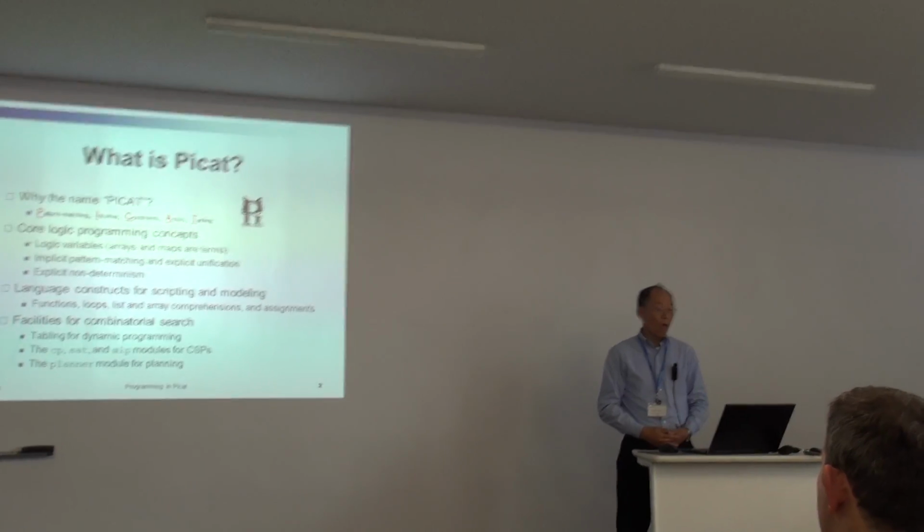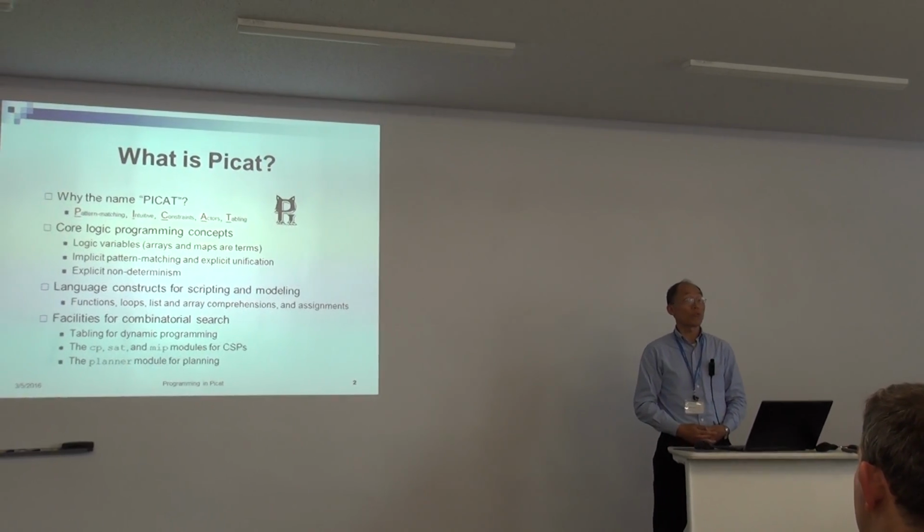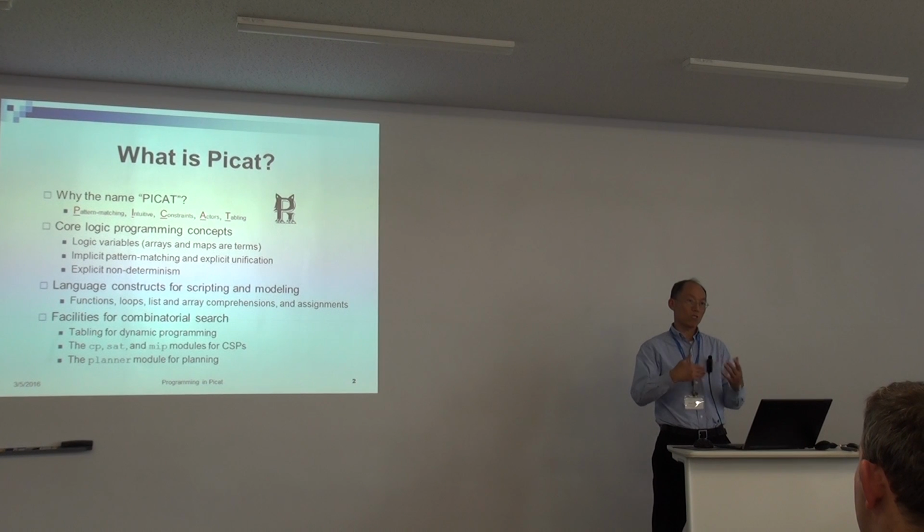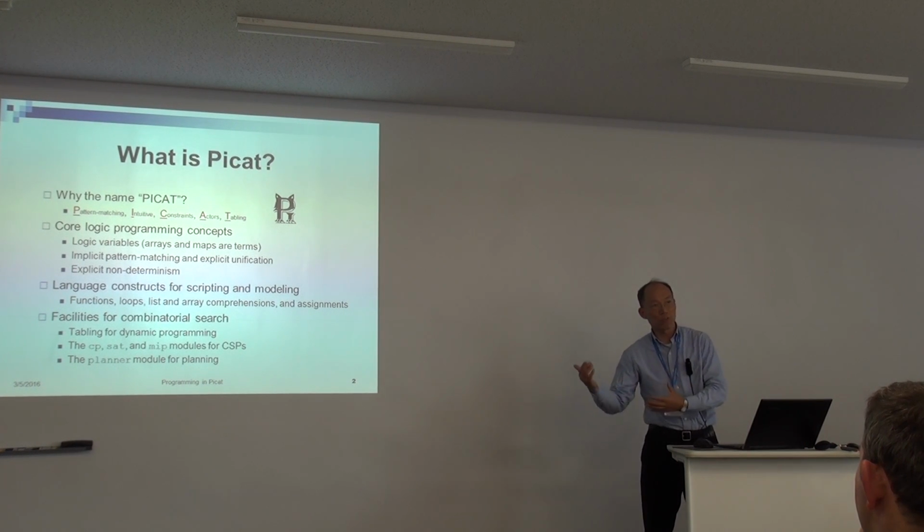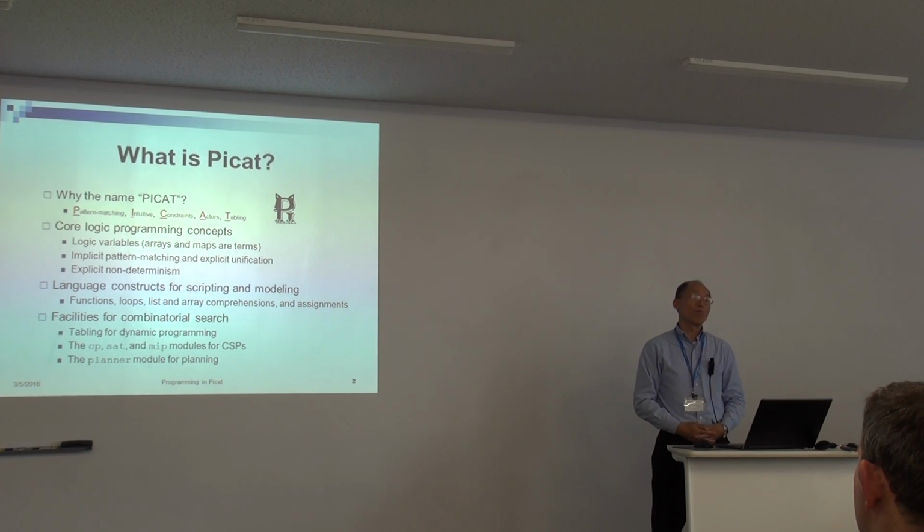And Picat supports loops for describing repeated computations. Well, we know repetition can be written in both recursion and iteration. Many people say recursion is good, it's declarative. Iteration is bad because it's imperative. I don't see it this way.